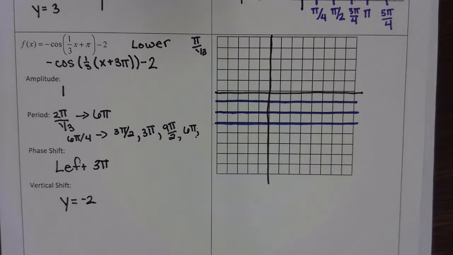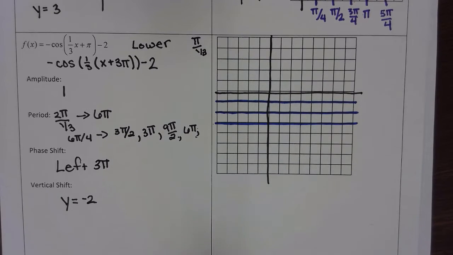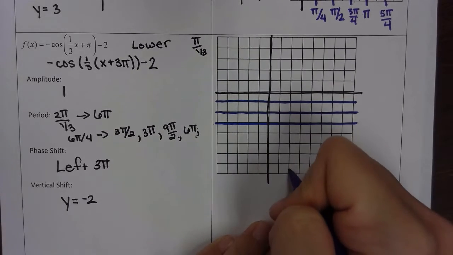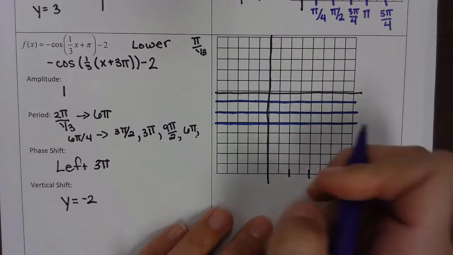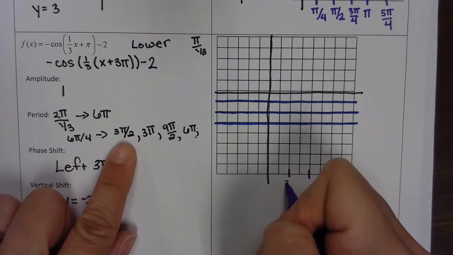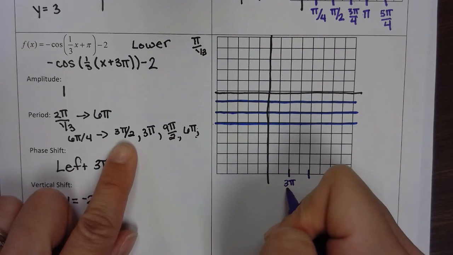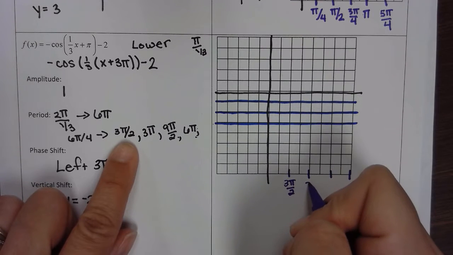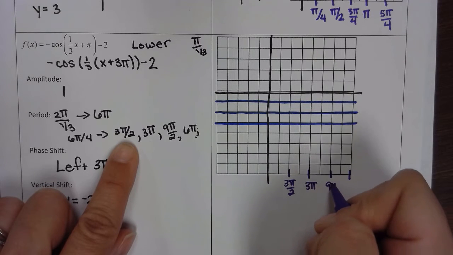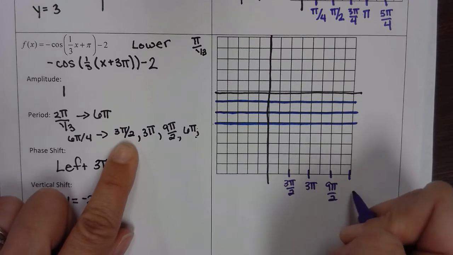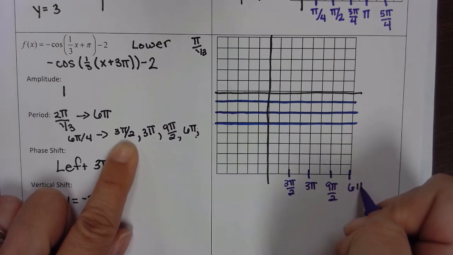And then our amplitude, so we have 1 up and 1 below that midline. Okay, I'm going to stick with putting the intervals or sections down here. So we're going by 3 pi over 2. This gives us 3 pi, 9 pi over 2, and 6 pi.